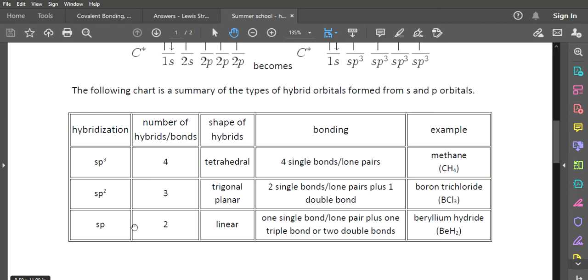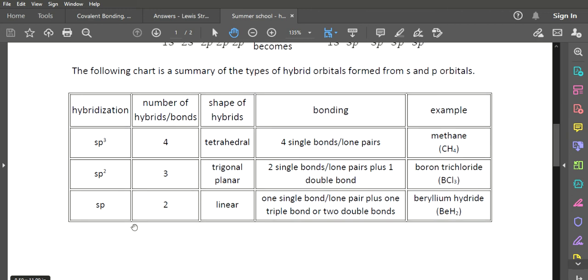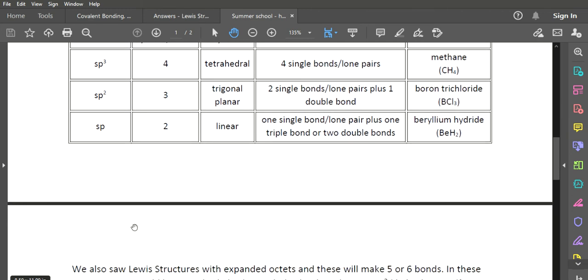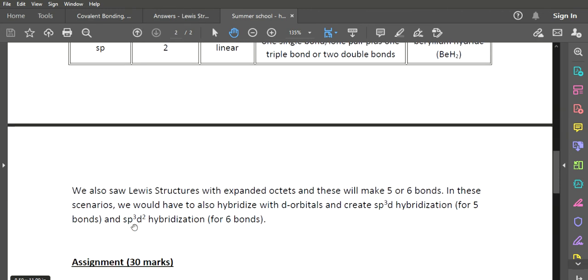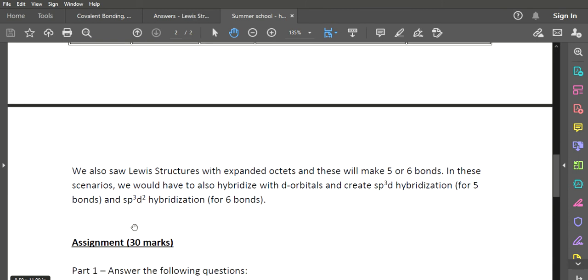We also saw when we were doing Lewis structures that we have things that are expanded octets. We're going to make more than 4 bonds. So if that happens, and we need to make 5 or 6 bonds, we have to start getting d's involved. So sp3d: sp3 was 4 bonds. If we add a d, we can now make 5 bonds.